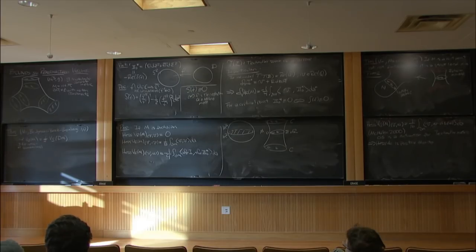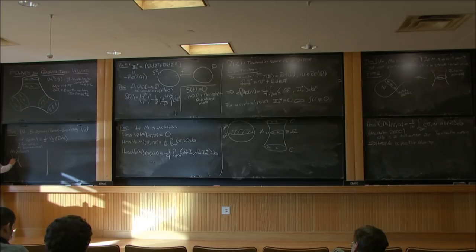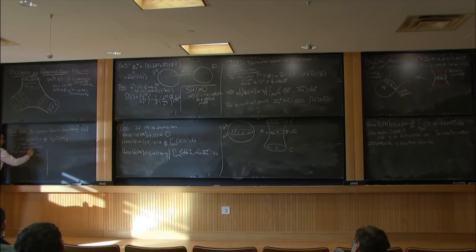So let me just, as an example, tell you this formula in the two cases that we have here. If M is Fuchsian, the double of M is just going to be... Oops, sorry, that's my bad.